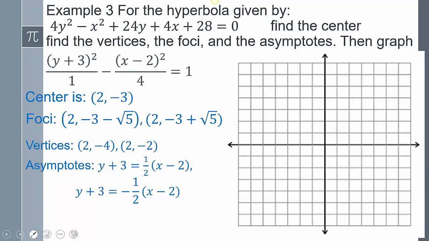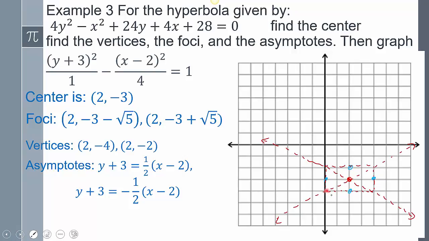So now taking all of that information again to graph it, my center is 2, negative 3. And so now I know it's going to extend out 2, and it's going to extend up and down 1, because that's the distance of my a, that's the distance of my b. And so doing that whole box thing, because that's going to help us graph the asymptotes.